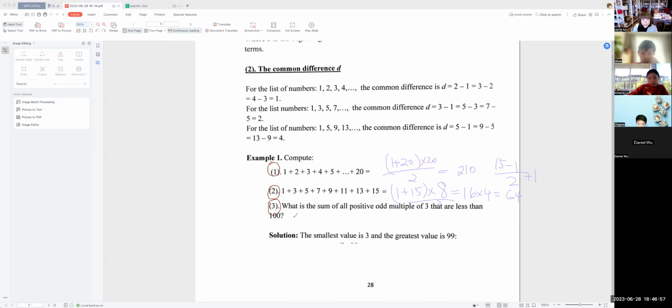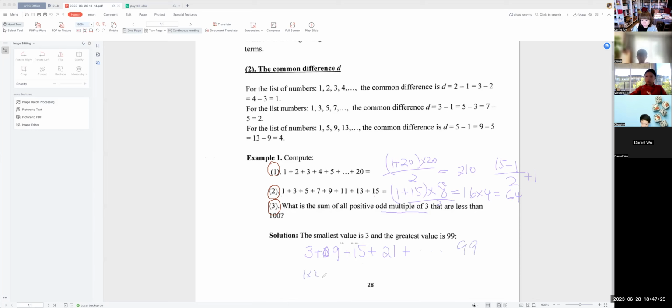Number 3: what is the sum of all positive odd multiples of 3 that are less than 100? So it's 3, 9, 15, 21, and all the way to 99, right?